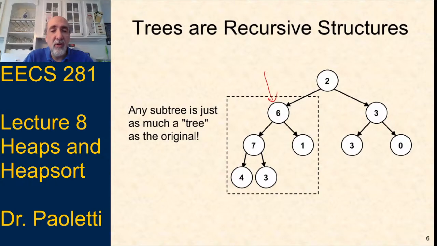So 6, 7, 1, 4, 3 are all a subtree. If I gave you a pointer to node 0, well, that's a subtree. It's the subtree rooted at 0. It contains one node and no more descendants from it. That's still a subtree. And if I gave you a pointer to 2, that would be a subtree that just happens to be the whole tree.